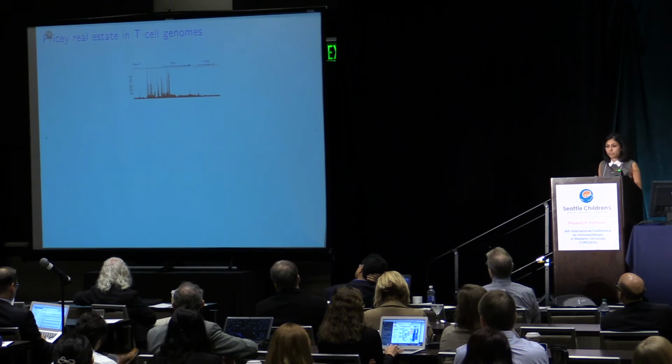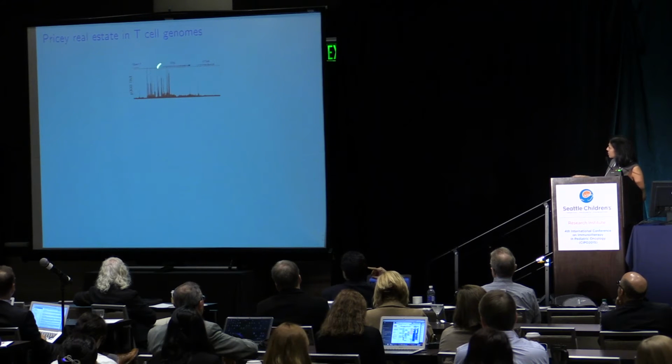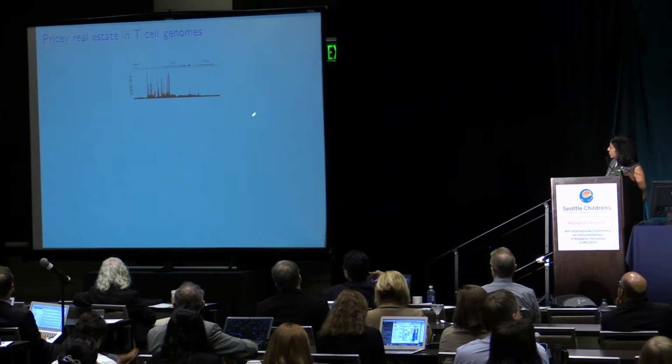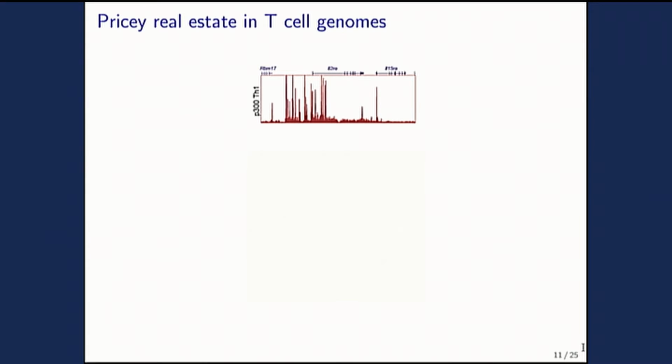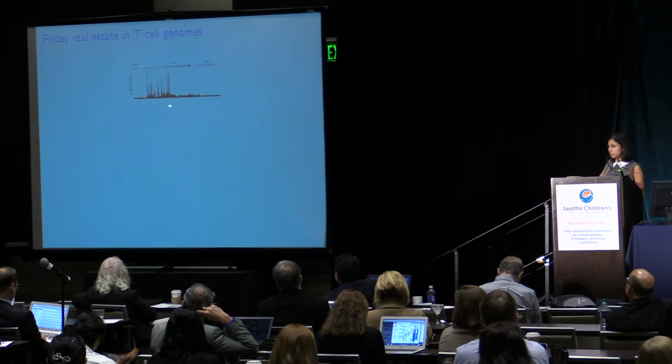When we generated these enhancer maps in T cells, there were some parts of the genome that were quite interesting and had really fascinating properties. I don't know if you can see, this is IL-2 receptor alpha, and there were these parts of the genome that had two very distinct properties compared to the rest of the genome. First of all, on the y-axis, the intensity of P300 binding was quite strong and exceptionally different compared to the rest of the genome.